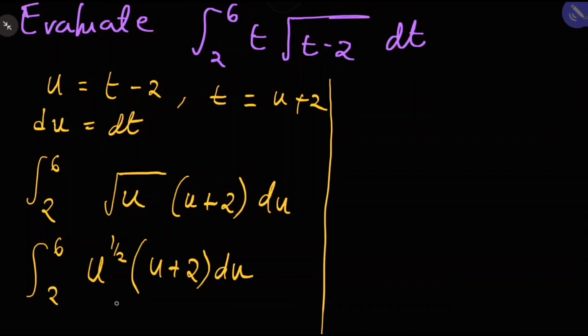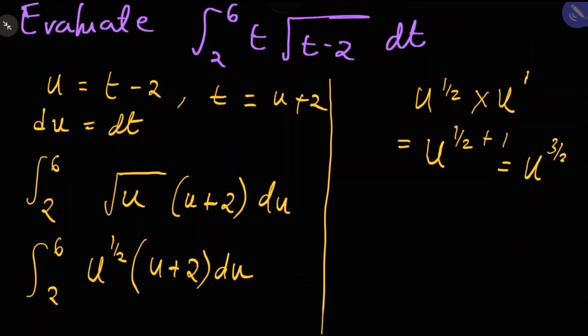Now u raised to power half times u, since they have the same base, that will be u raised to power half plus 1, which is u raised to power 3 over 2.